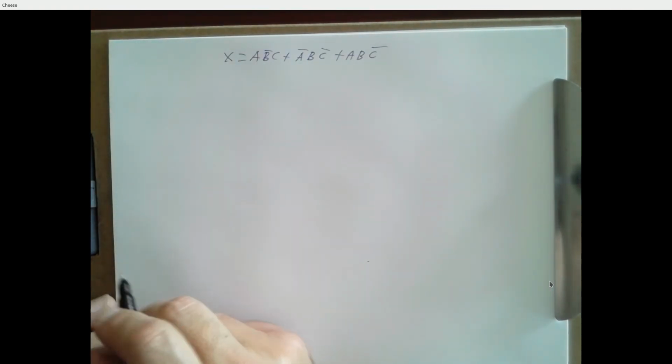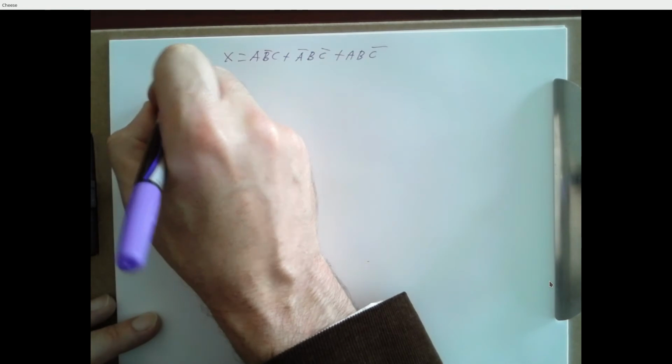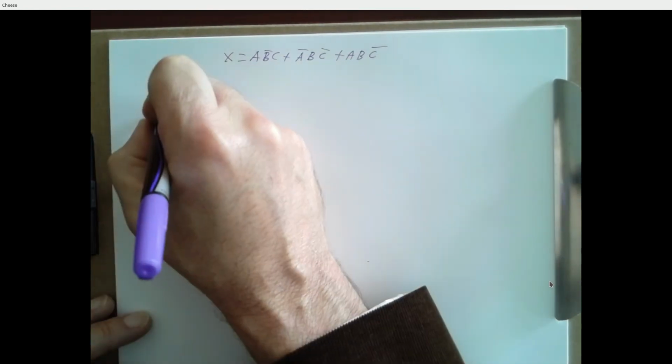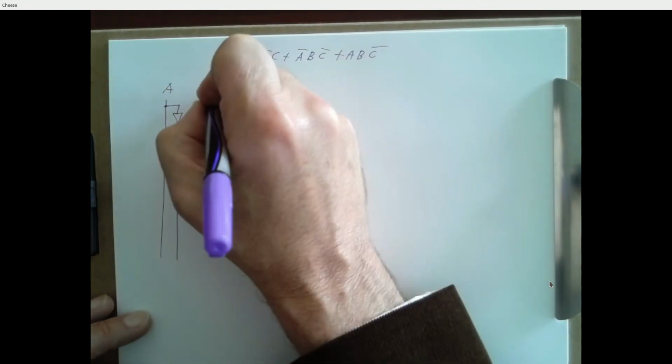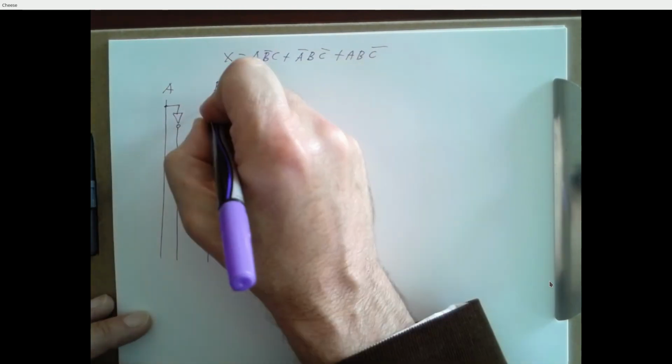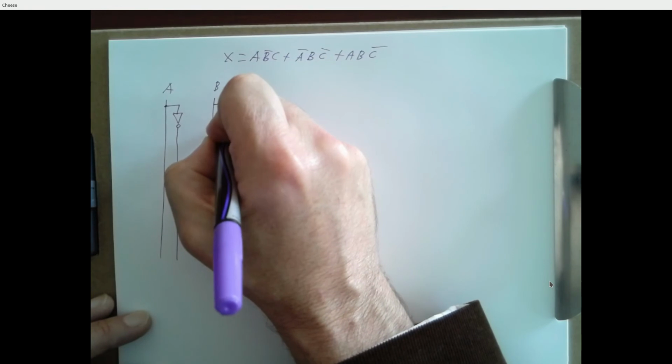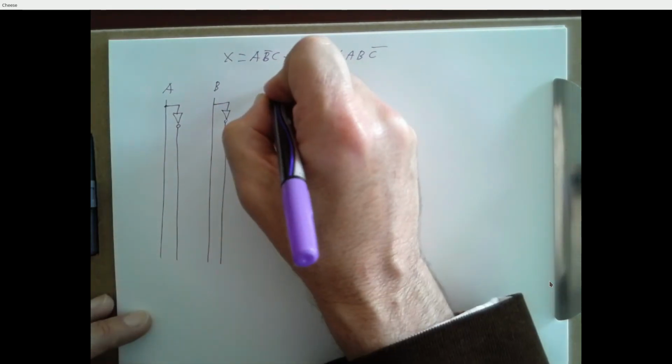And we talked in the beginning of the course, we reviewed a convenient way to build this circuit on paper, which was take your inputs, run them vertically, feed each of them into an inverter, and run that next to the uninverted input.